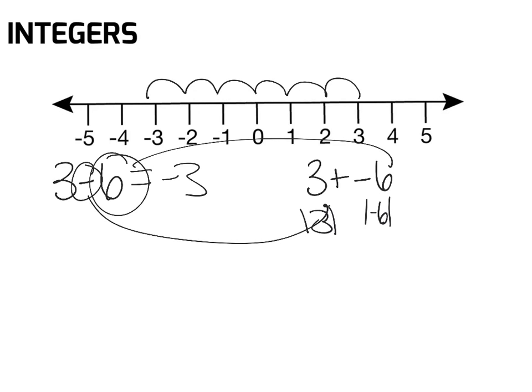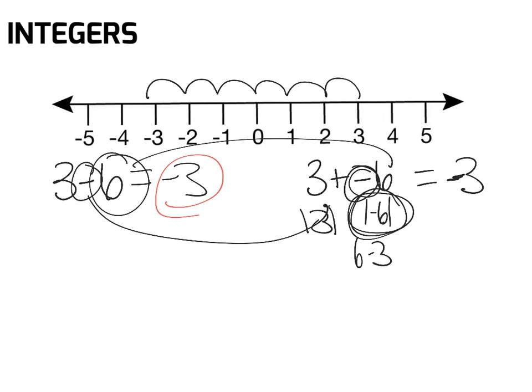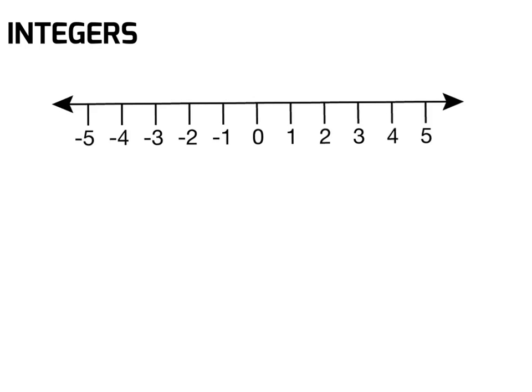So I'm going to keep my 6 and subtract 3, so 6 minus 3, and I'm going to get 3. But this is the larger absolute value, so I'm going to keep this sign and put a negative sign in front of it. Again, no matter if you just start subtracting right away or if you switch it to an addition problem, you're going to get the same answer.